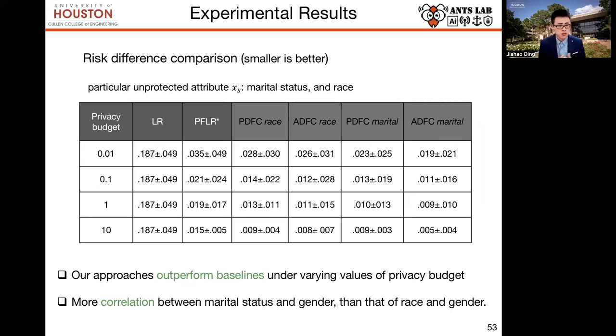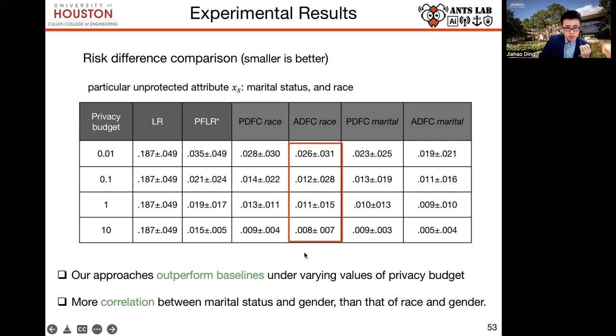For the risk difference, a smaller value is better. Here, these two are baselines, and these four are our algorithms. We consider the particular unprotected attribute as race and marital status. We can see that when the privacy budget is too small, it leads to a low quality model since too much noise is added to the coefficients, and it introduces a lot of variance.